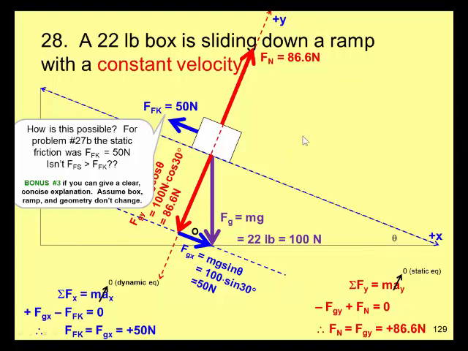I told you this is the same exact ramp and the same exact box that we had before for problem 27b. And the question is, if it's the same exact ramp and the same exact box, how could I possibly be moving down this ramp with a constant velocity, where I have the same exact kinetic friction force as the static friction force?